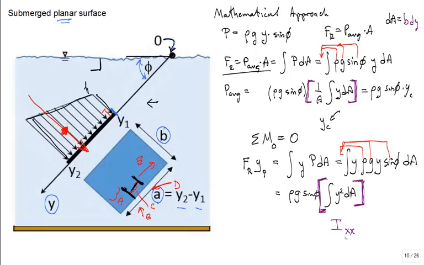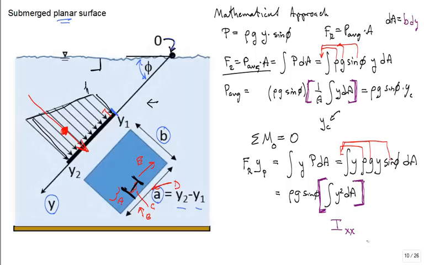But I'm looking for the moment of inertia, and sometimes people put the word area to contrast mass moment of inertia and area moment of inertia. So what are the units for the area moment of inertia? Meters to the fourth. Who said that? Perfect. Good. So this unit is meters to the fourth.